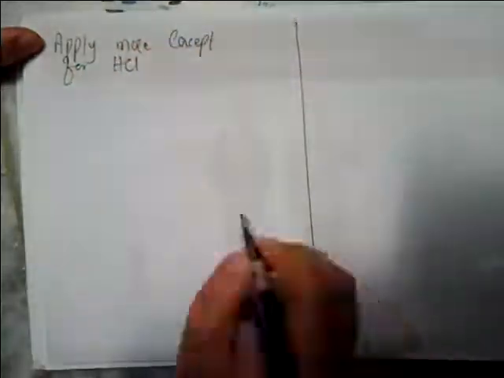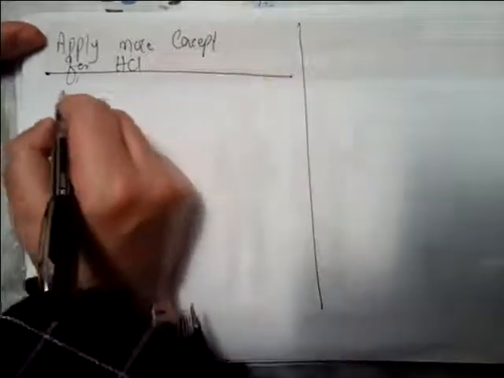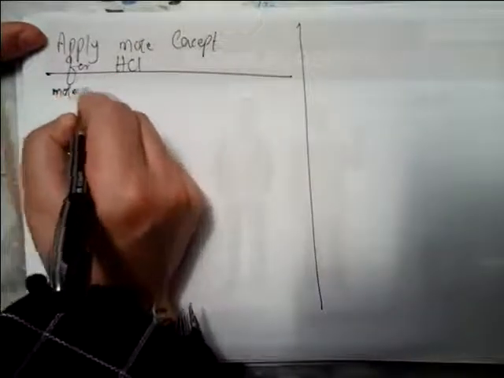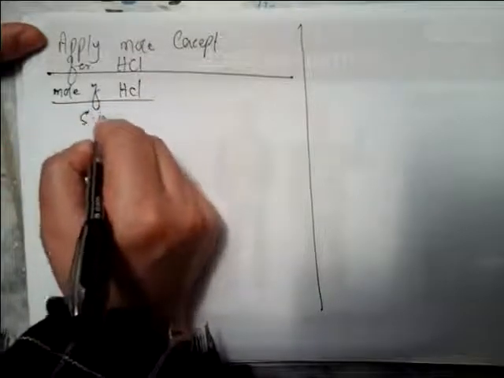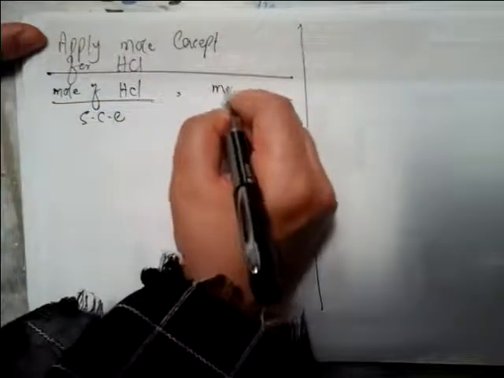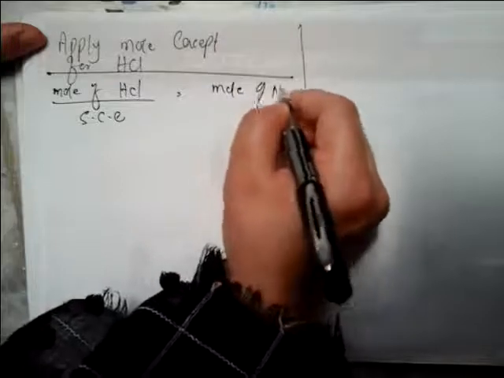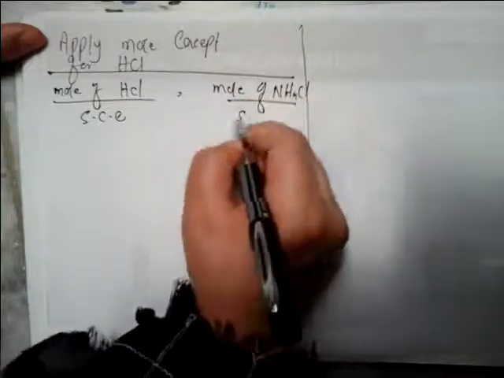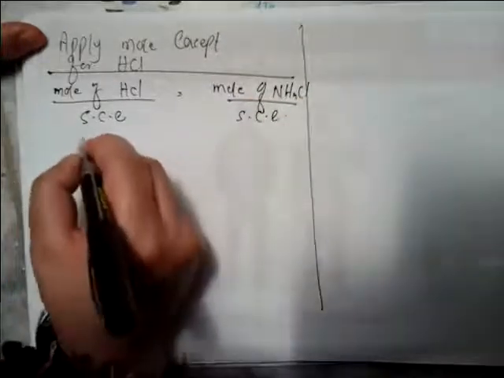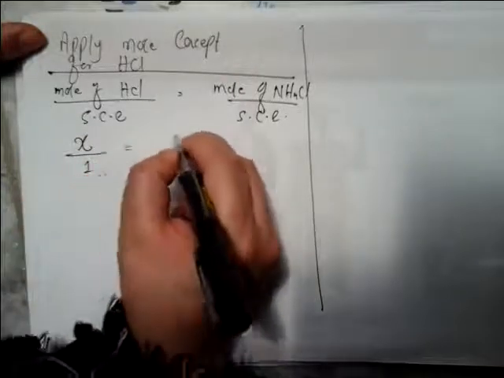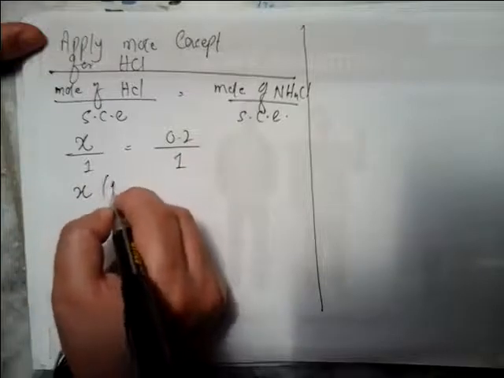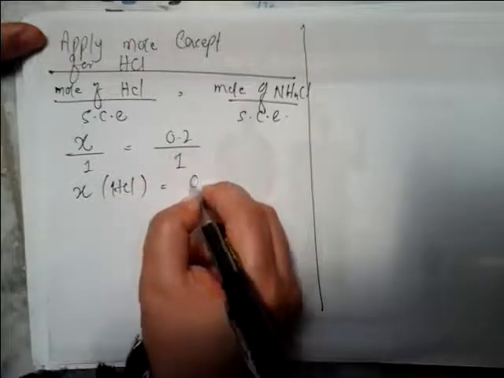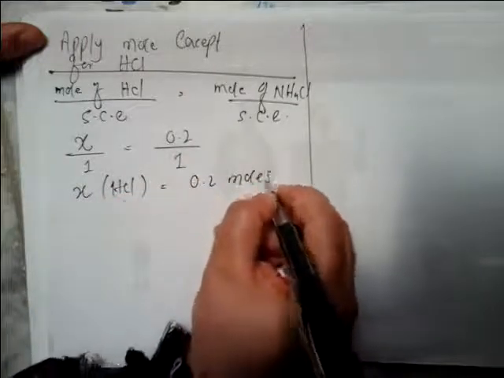Mole concept for HCl: moles of HCl divided by stoichiometric coefficient is equal to moles of ammonium chloride divided by stoichiometric coefficient. So X divided by 1 is equal to 0.2 divided by 1. X, that of HCl, is equal to 0.2 moles.